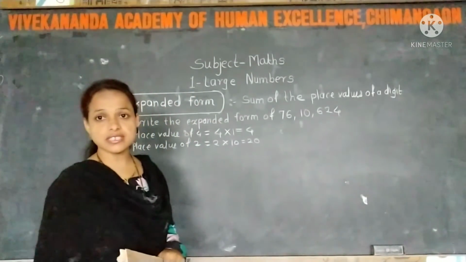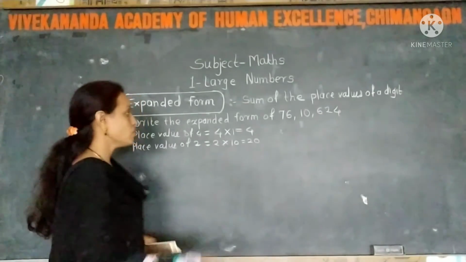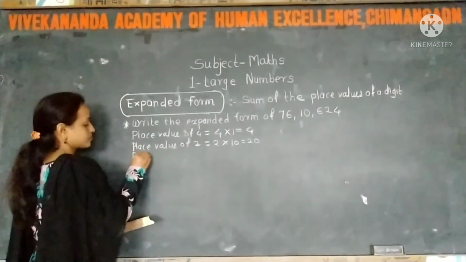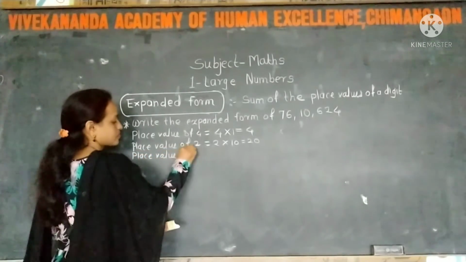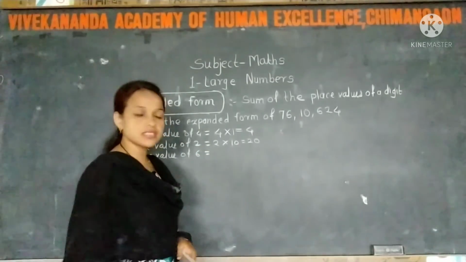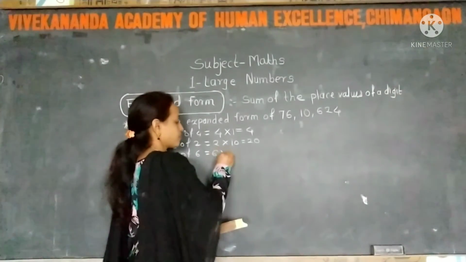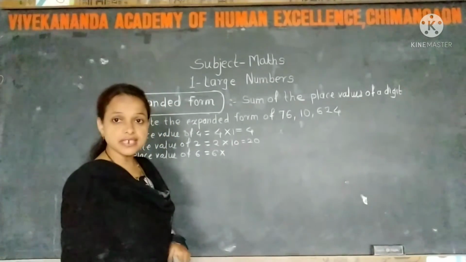Digit 6 is at the 100's place. Face value of 6 is 6 and the value of the place it occupies is 100.